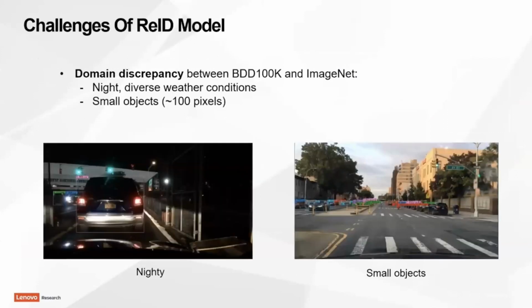We continue to try to improve our original ReID module. First of all, we found the UniTrack ReID model can be worse on some night things or small object things, maybe because of the domain discrepancy between BDD100K and ImageNet.